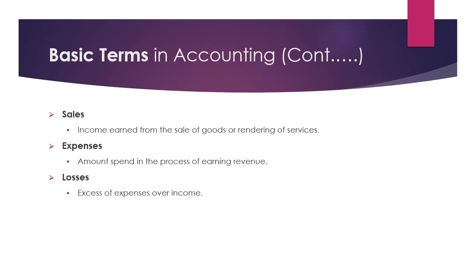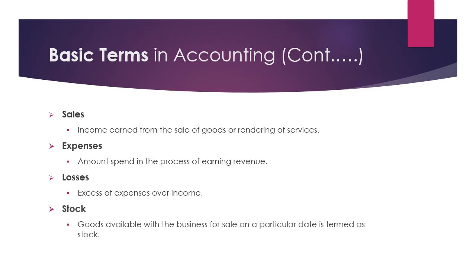Losses. Excess of expenses over income is termed as losses. When expenses are higher than the income we received, that situation is termed as loss. Sometimes we may spend more to earn little. The difference between the expense and the income is thus termed as loss.